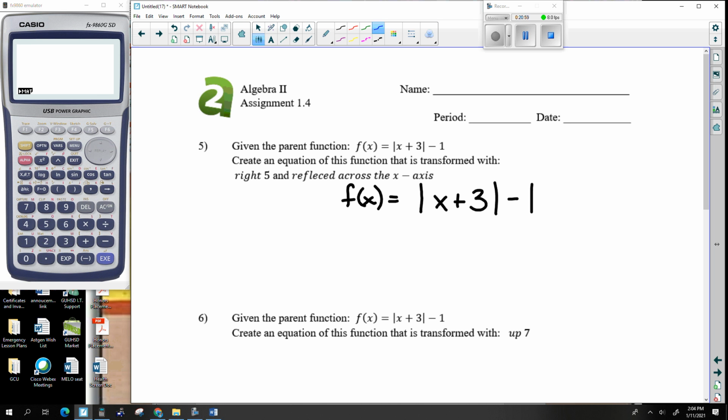So what would you do if this were a blank equation? What would move this to the right 5? That would be on the inside, a -5, the x is a lie. And then reflect it across the x-axis, that implies there would be an outside negative.